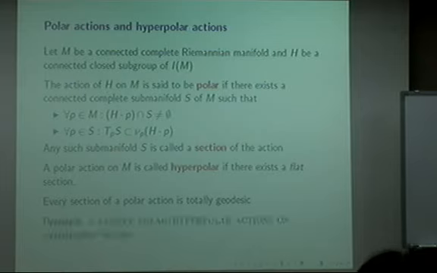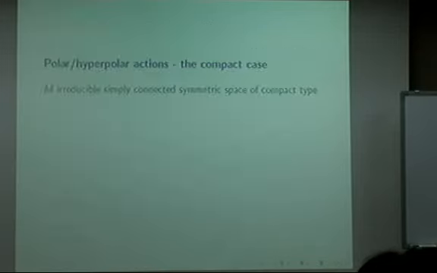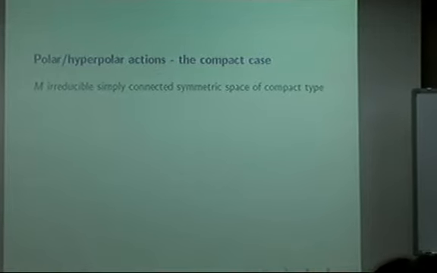There's a problem, it's quite an interesting problem. Classify all polar or hyperpolar actions on symmetric spaces, and in fact this has been achieved already in the compact case. So if one assumes that M is an irreducible, simply connected symmetric space of compact type, then for example the sphere, that's the simplest example.